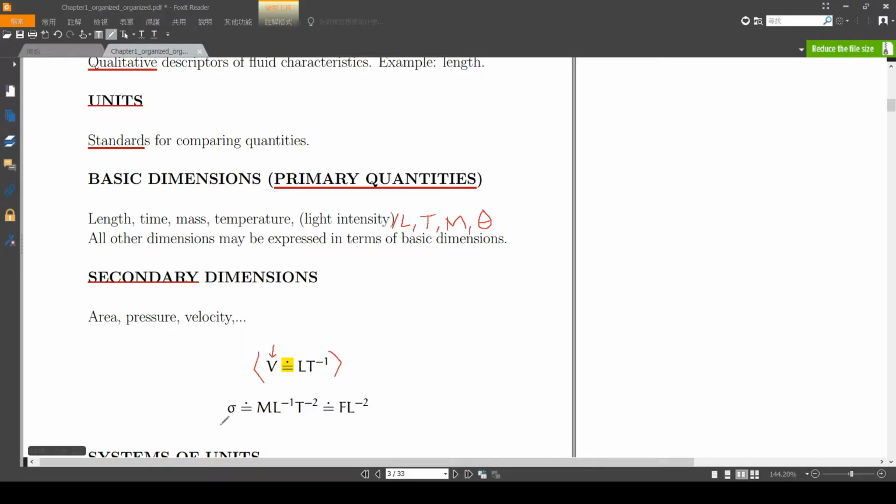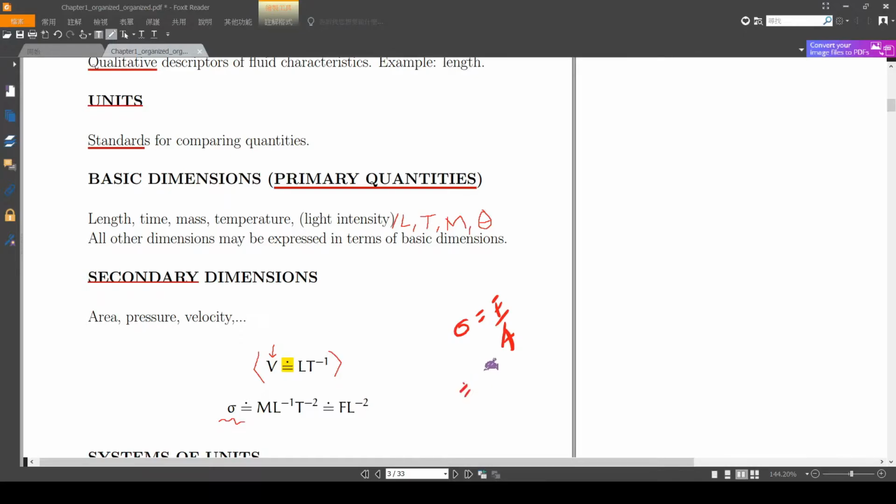Okay? And the next example is about sigma. Sigma is the stress. If you remember, we just introduced the definition of stress. The stress is equal to the force per unit area, right? Therefore, you can simply find the dimensions here.